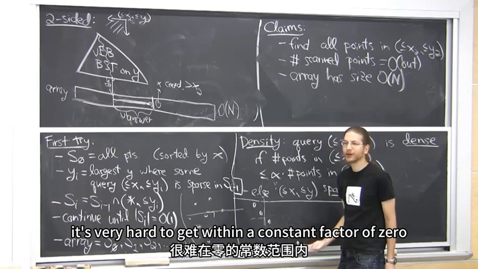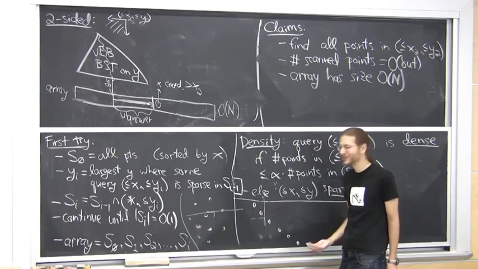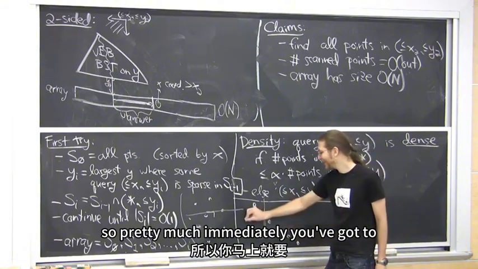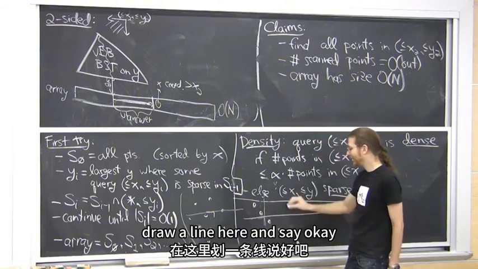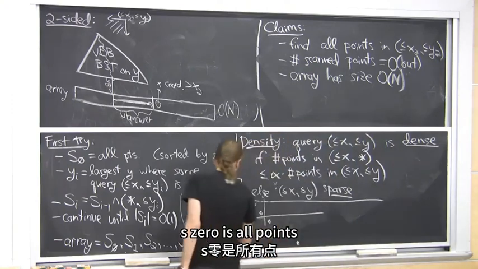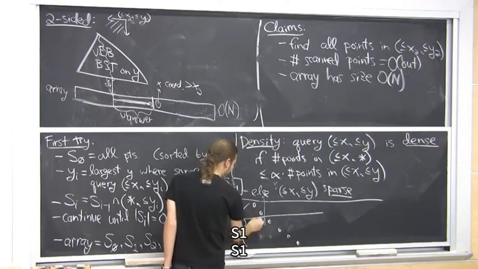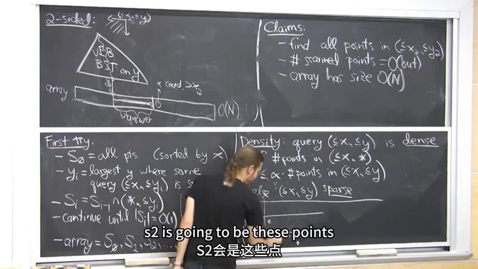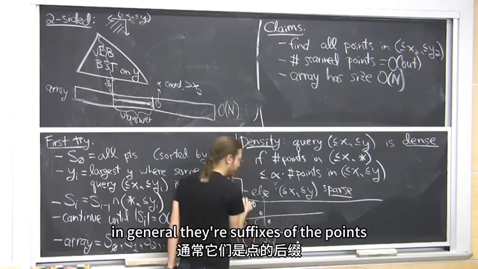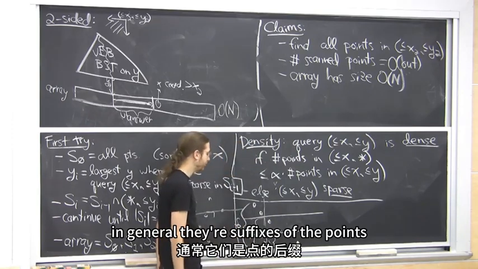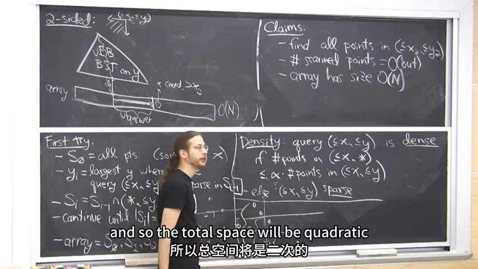Because it's very hard to get within a constant factor of 0. So pretty much immediately you've got to draw a line here and say, okay, S0 is all points, S1 is these points, S2 is going to be these points. In general, they're suffixes of the points, and so the total space will be quadratic.